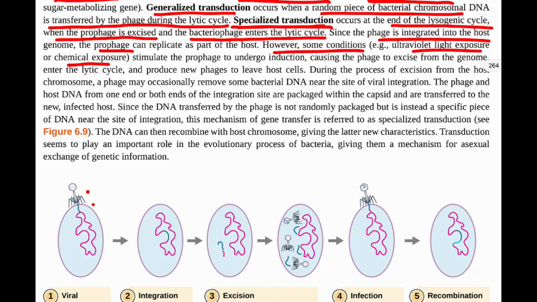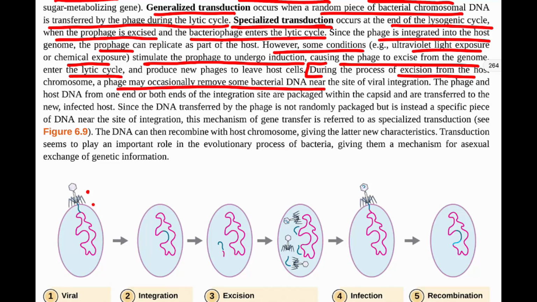While it's going through excision from the host genome, it may occasionally remove some bacterial DNA near the site of that integration, on either side. So then the phage and the host DNA from one end or both ends of the integration site are packed within the capsid and then are transferred to the new infected host.